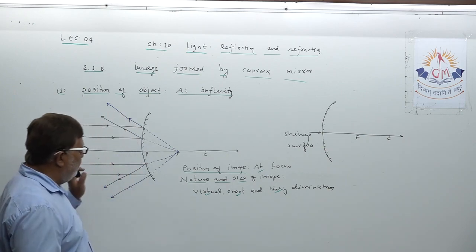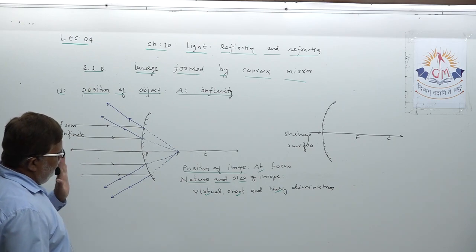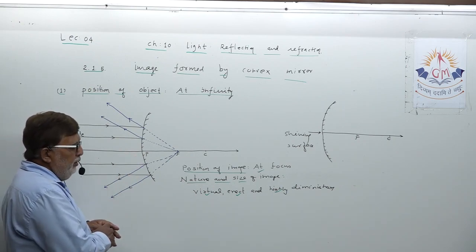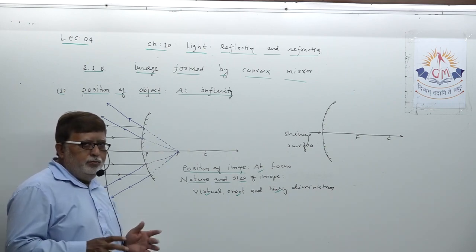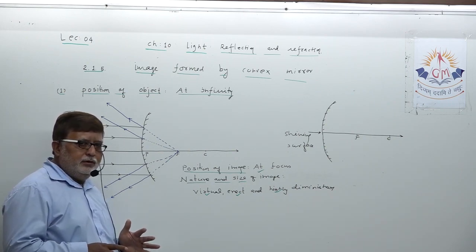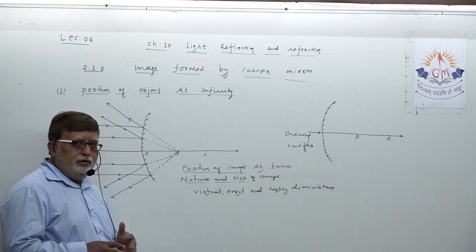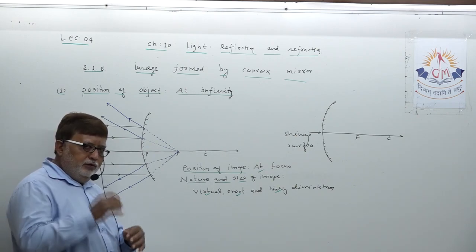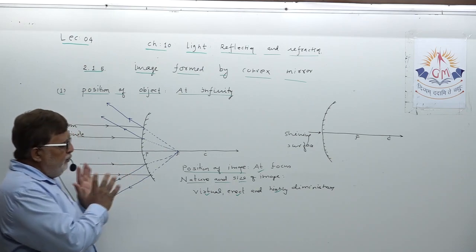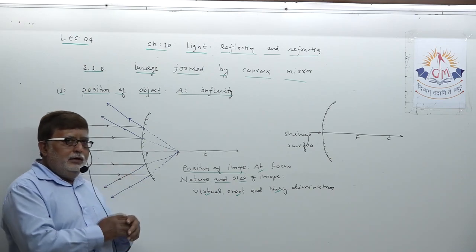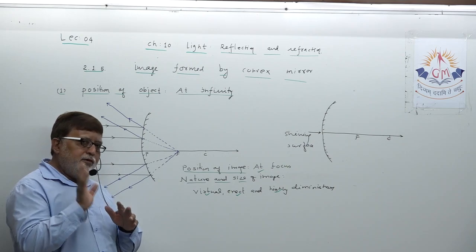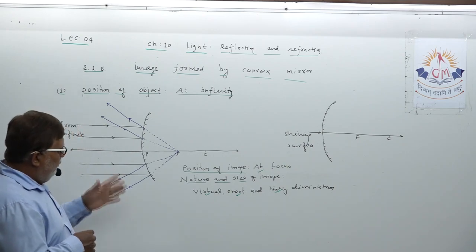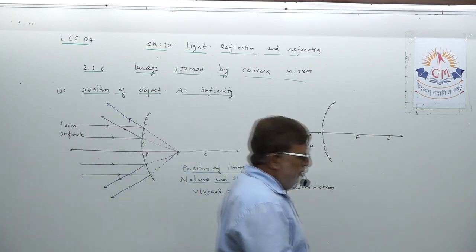Just watch this diagram for 1 minute, and as I always tell you, you need to toss your brain between the three facts: position of object, position of image, nature and size of image. Just in 1 minute verify the diagram properly and toss your brain between these three facts, then we will go for the next diagram. Just visualize and verify it.